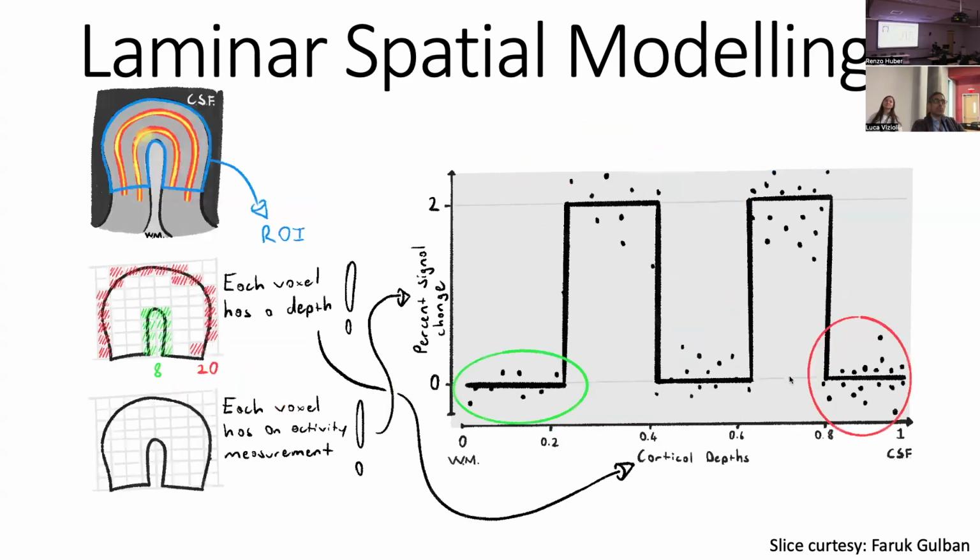So Farouk made these slides basically proposing that we can do the same thing across space, right? If we have this crown of a gyrus over here, we can have different voxels that we plot across a different cortical depth. And it doesn't really matter if we have more data points over here than here.